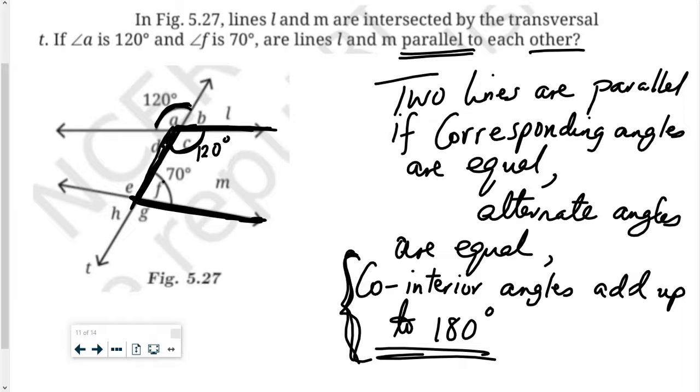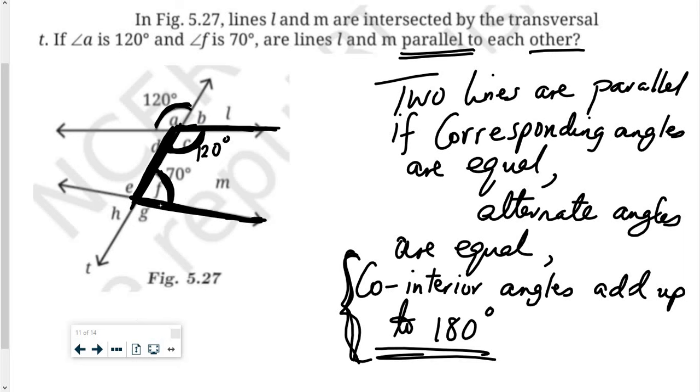Can you see something we call letter C? Now, what do we say when we spot letter C? We say that co-interior angles add up to 180 degrees. Now, what are those co-interior angles? One is 120, another one is 70.